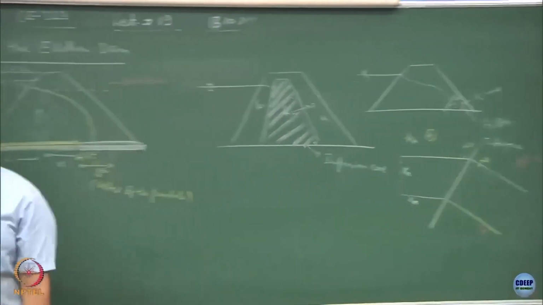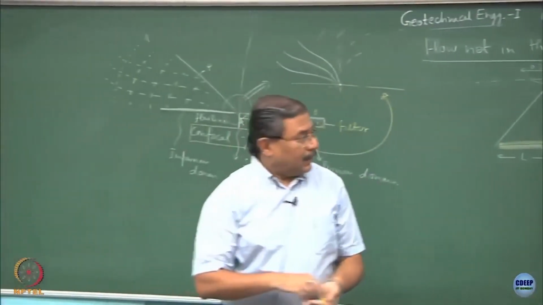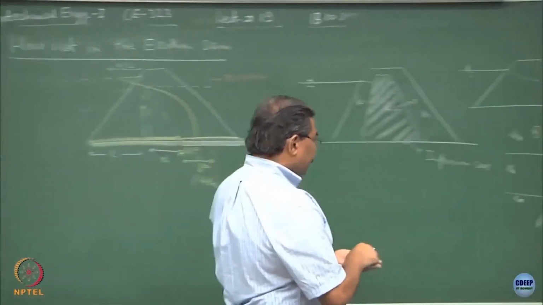Can you draw a relationship between alpha A and alpha B?